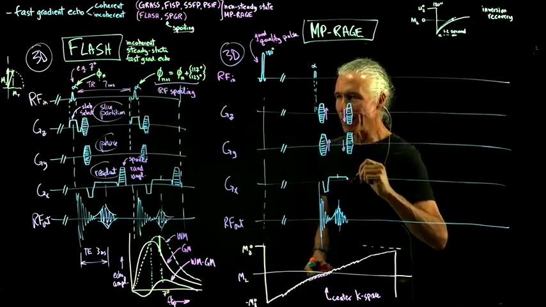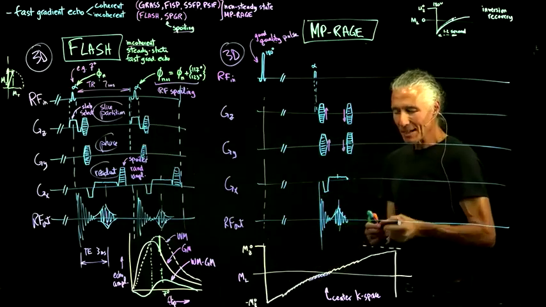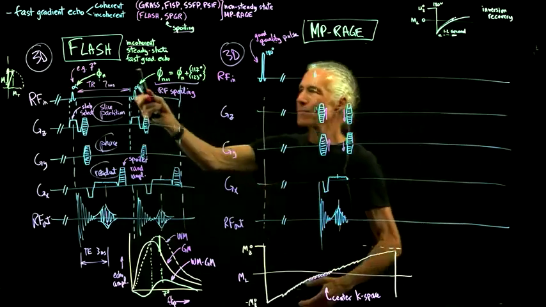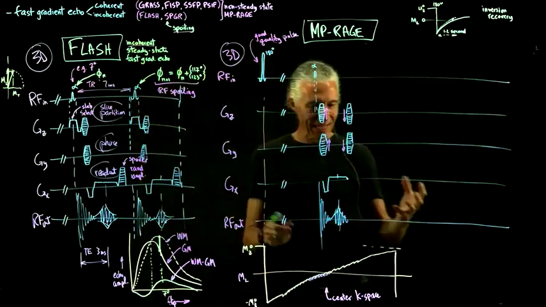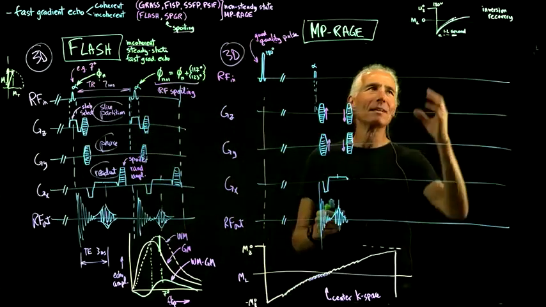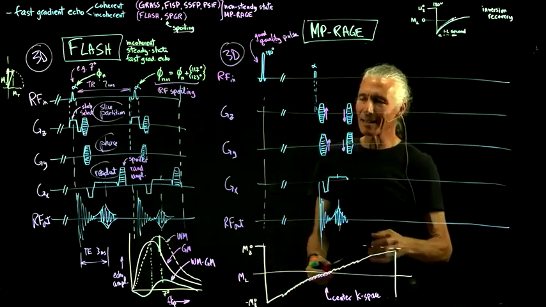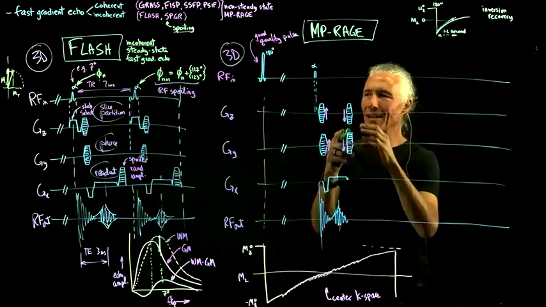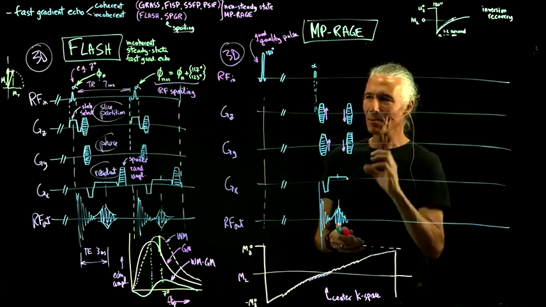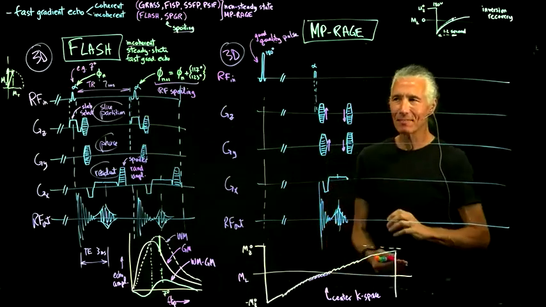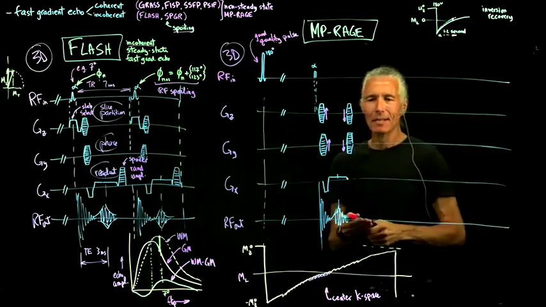Don't fix the readout. So the contrast still ends up looking like FLASH, even though it's kind of an ungainly combination of sort of inversion recovery, and then there's some non-steady state things going on, and then you're doing something that's kind of like GRASS. But it works great. Best gray-white contrast that you can get.